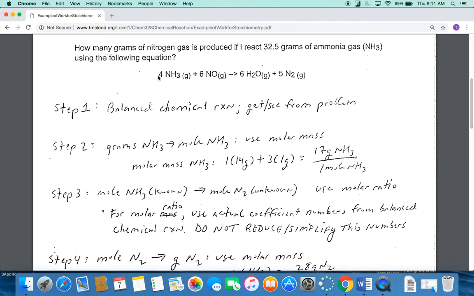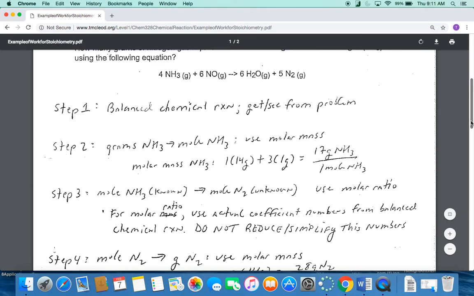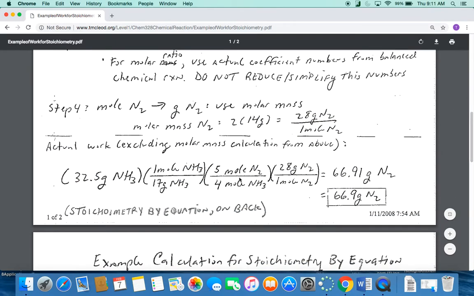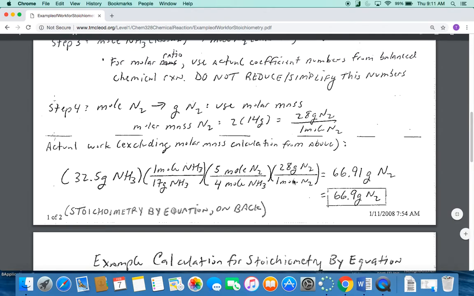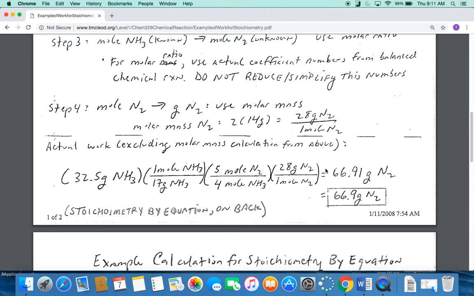That's why you have to have a balanced chemical reaction. And once you do that, now you have moles of N2, and then you don't want moles of N2, you want grams of N2 because they ask for it. So therefore, this is your answer, and that's the answer with the right number of significant figures.